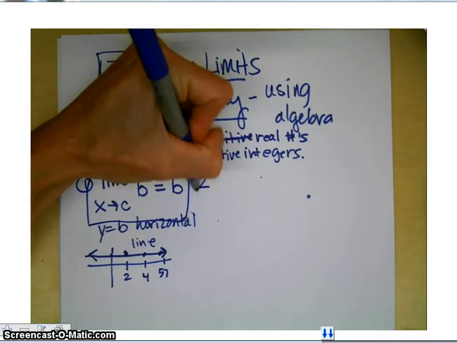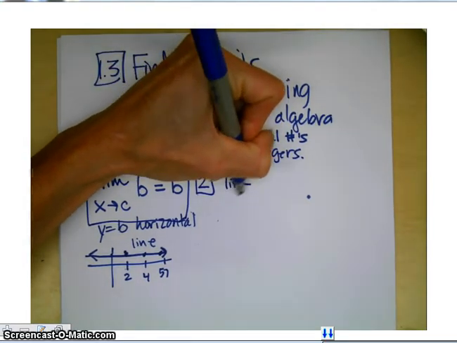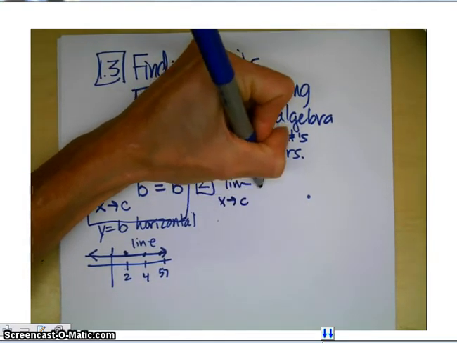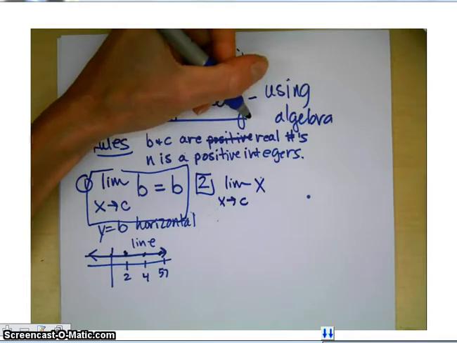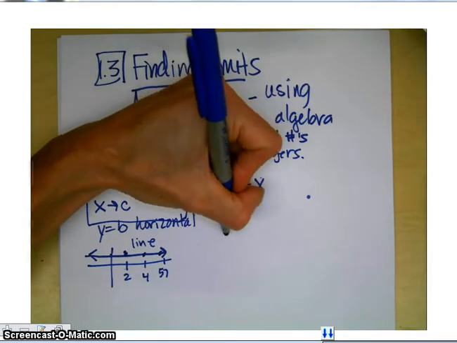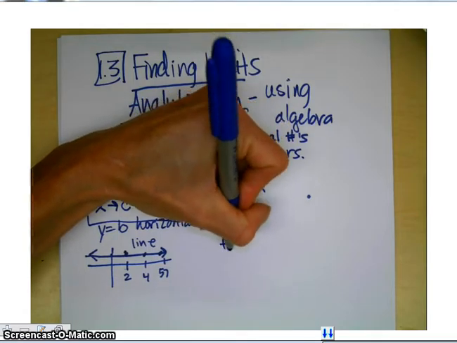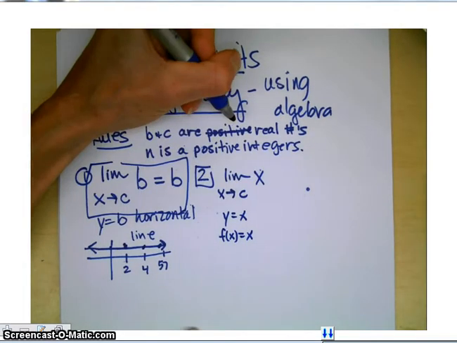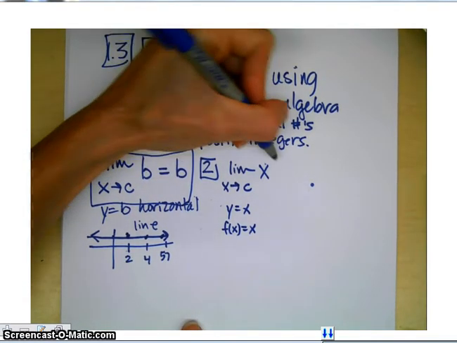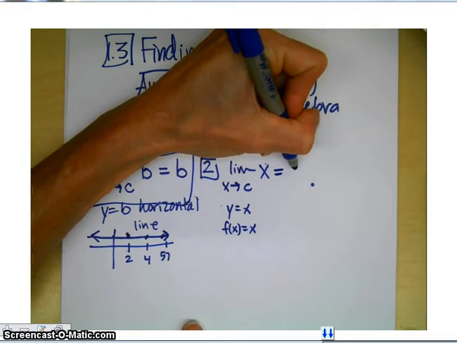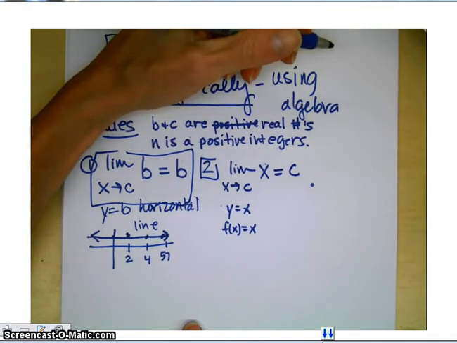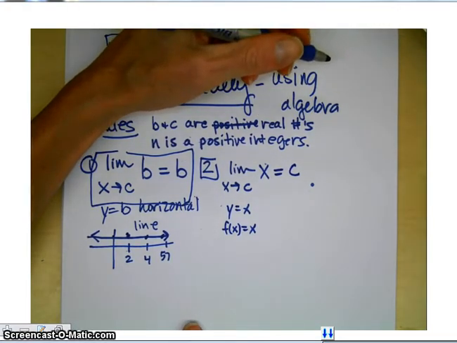Rule number 2. The limit as x goes to c of the function x. Well, x is the equation y equals x, or f of x equals x, which is just a line. And that's equal to c. So here's what the graph of that looks like.